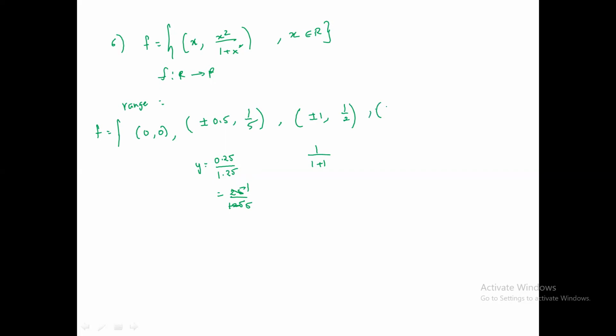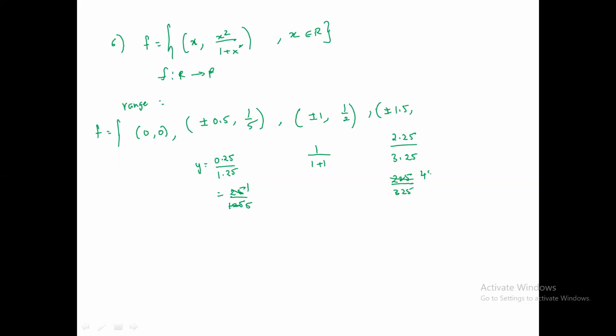Next, put x as plus or minus 1.5. Then y will be 2.25 by 3.25, or 225 by 325.